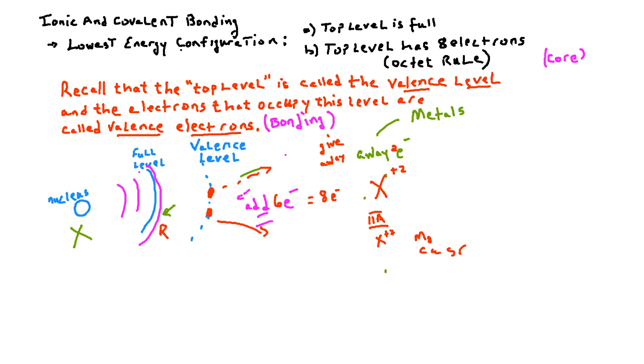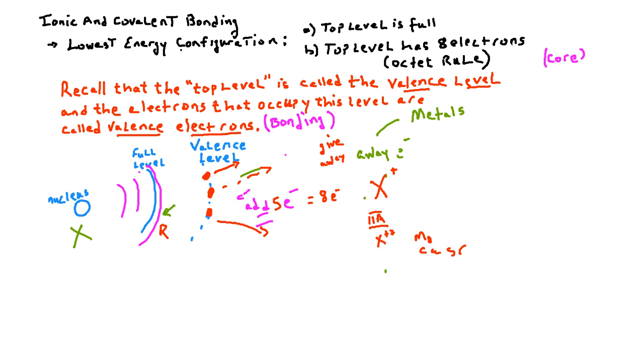Now we say, all right, if you have 3 valence electrons, we play the same game. Then this wants to give away 3 because instead of adding 5 electrons to make 8, it's easier to give away 3 electrons.